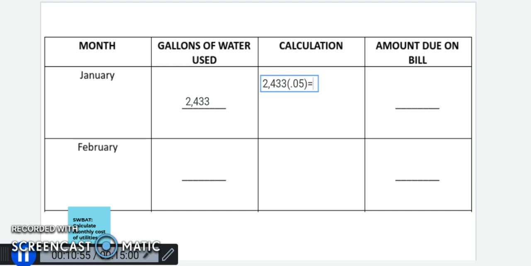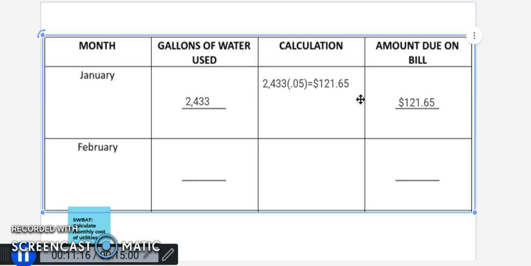We just got May left really quick. We used 4,829 gallons of water in May. Let's go ahead and multiply that by our 5 cents. And that gives us an amount due of $241.45.